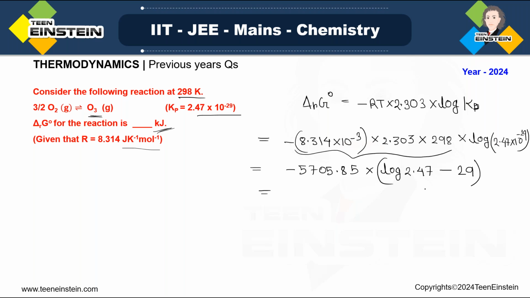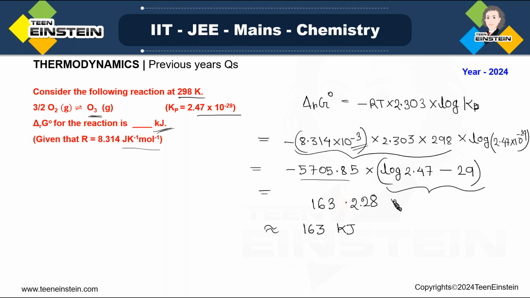If we do this calculation, log 2.47 times 10 to the power minus 29 with this 5705.85, we will get ultimately a positive value, because the quantity from this part will be negative, and negative times negative will be positive. So ultimately it is 163.228, and we take the nearest integer, which is 163, and it will be in kilojoule, because we have already converted to kilojoule.